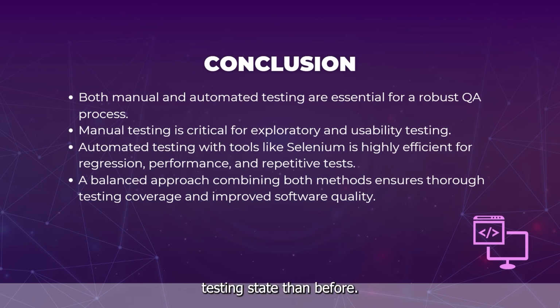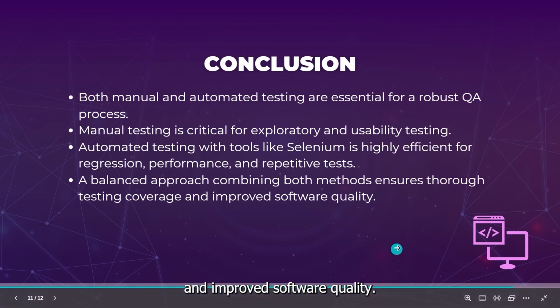As stated before, a person can have more exploratory and intuitive tendencies as compared to automated testing tools. But automated testing tools like Selenium are favored highly for their efficiency and regression performance, especially for repetitive tests. So a balance of these, combining both methods, ensures thorough testing coverage and improved software quality.